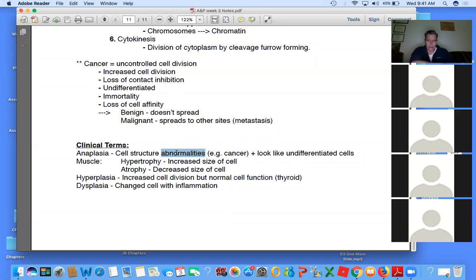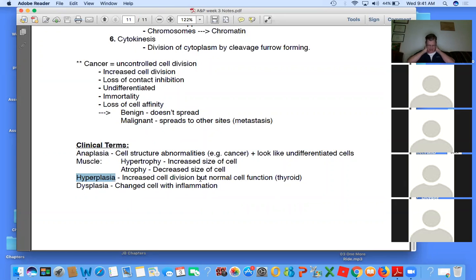It just has a little nucleus, little dots, very different. Words like hypertrophy and atrophy refer to muscles. Hypertrophy means increasing the size of a muscle. You know, you're doing your curls, making your muscle bigger. Atrophy means you're not exercising. You have a decrease in your cell size. Hyperplasia refers to increasing the cell number, but they're normal. Like thyroid cells, a goiter is a swelling of the thyroid in your neck.